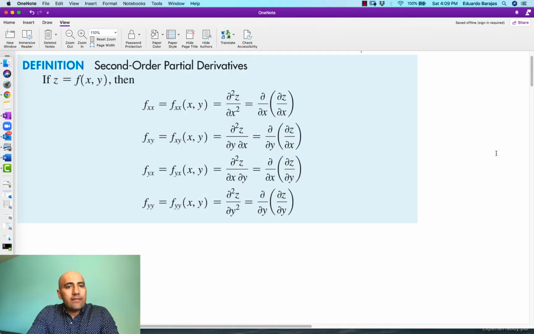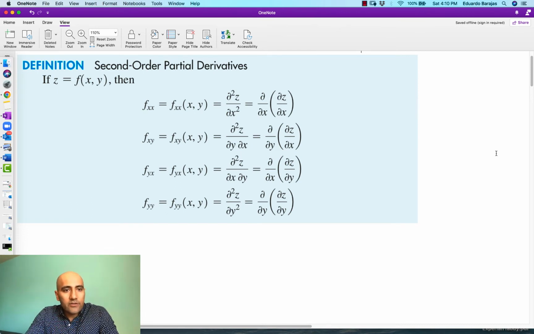Okay, so now let's extend this to second order partial derivatives. Just like we learned back when we were doing derivatives in one variable, a derivative of a derivative is a second derivative, right? And then we can take the derivative of a derivative of a derivative, which is a third derivative, and so on and so forth.